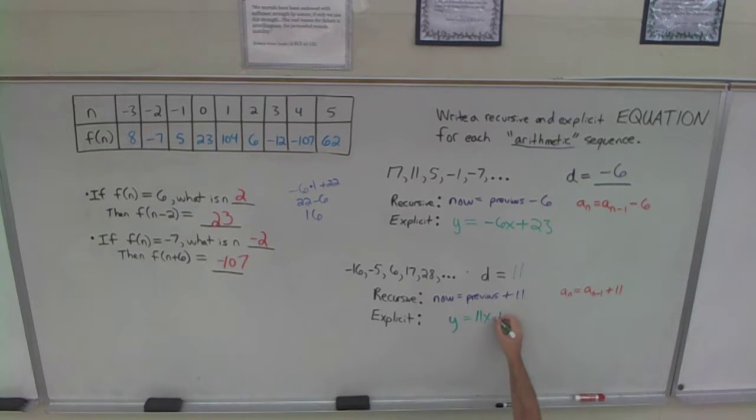So 11x plus what? I think we've got to add something because we're starting at negative 16. If I put 1 in right now, I'll get 11. So how did I get from 11 to negative 16? You would subtract. This time I'm going to have to subtract something, right? Maybe we should just go minus 16. Let's try it. We're guessing, right? You plug in 1 now, then you get 11.